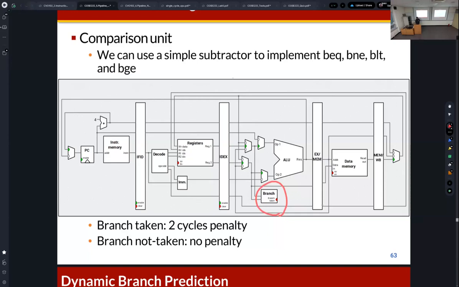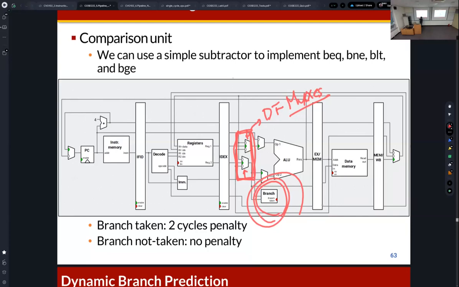This branch receives the 2 data after the data forwarding multiplexers. So these are data forwarding boxes, and the branch instruction is located after the data forwarding multiplexers.